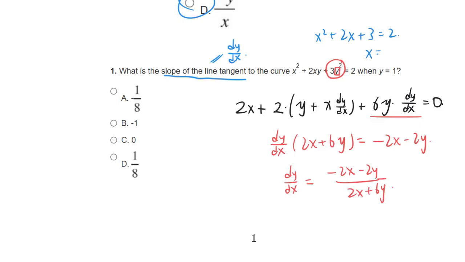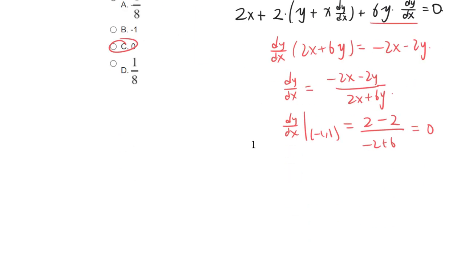And so we would find x is equal to negative 1. So we would plug in dy over dx at (negative 1, 1). That would become 2 minus 2 over negative 2 plus 6, which is going to be 0. So C is our answer.